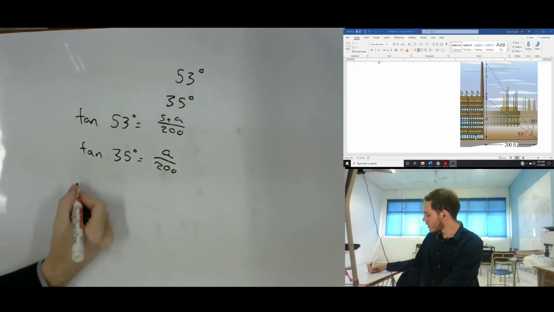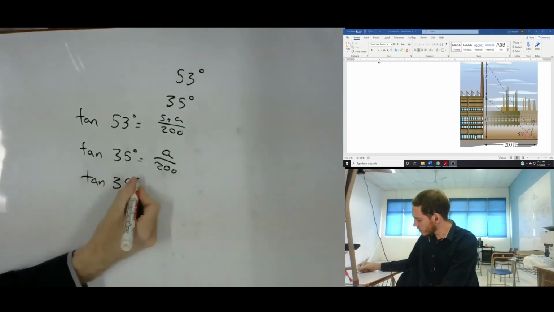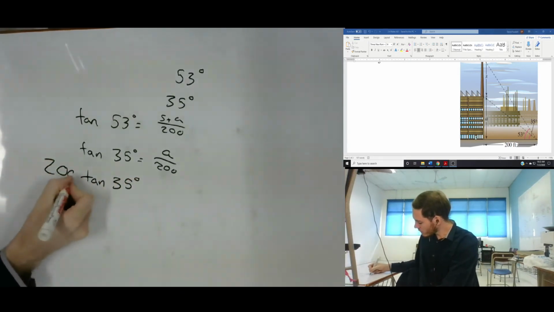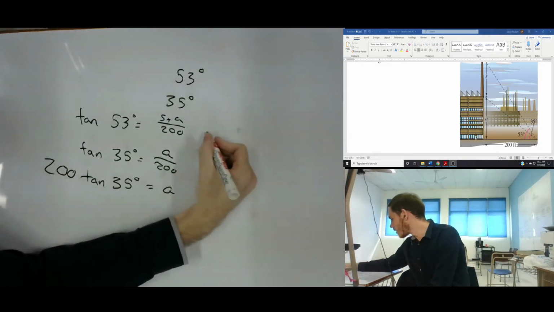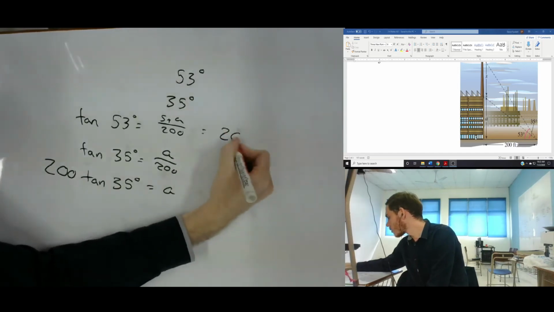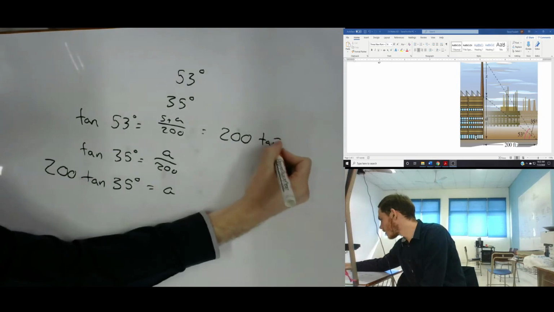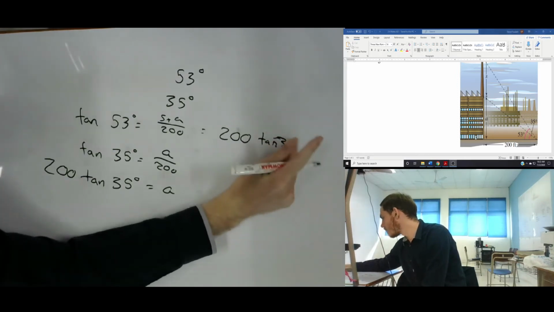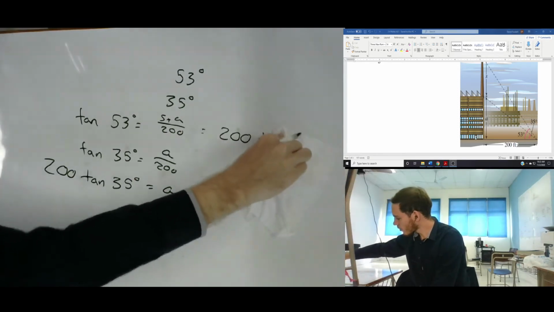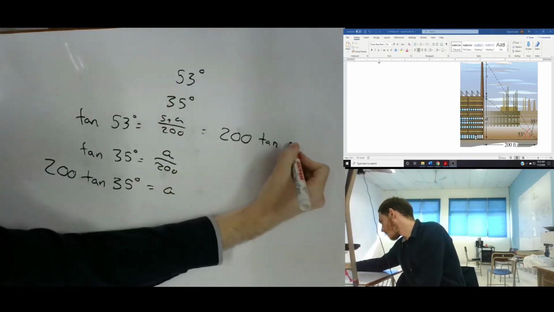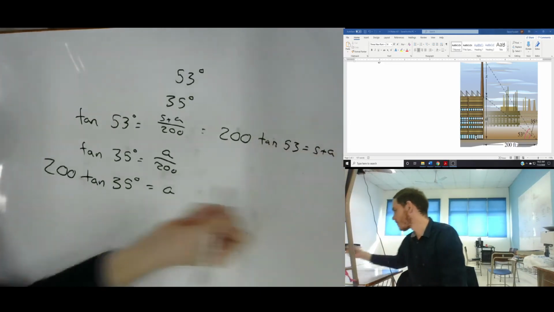So we first do this one, tangent of 35 degrees times 200 equals a, and then over here, 200 tangent of 53 equals s plus a.